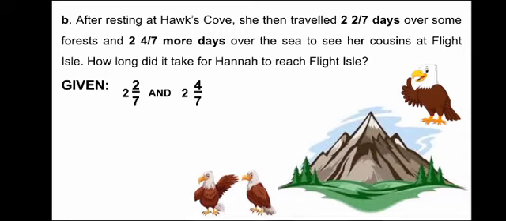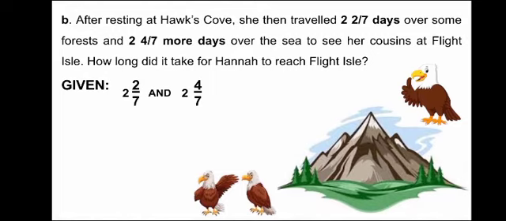But what we have here is different from the first one we did because it has a whole number. So this given here, we call this mixed numbers. A mixed number is a combination of a whole number and a proper fraction, like this one here.